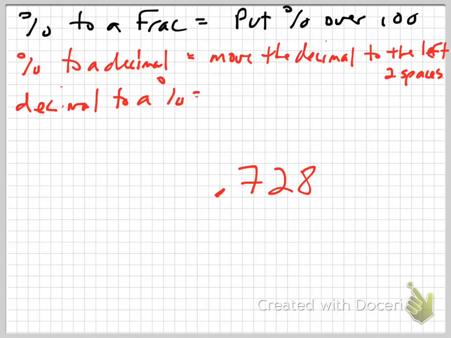Michael, do you remember? Donovan, how do I do it? You move the decimal to the right 2 spaces, right? So it's 72.8%. Yes? Okay.